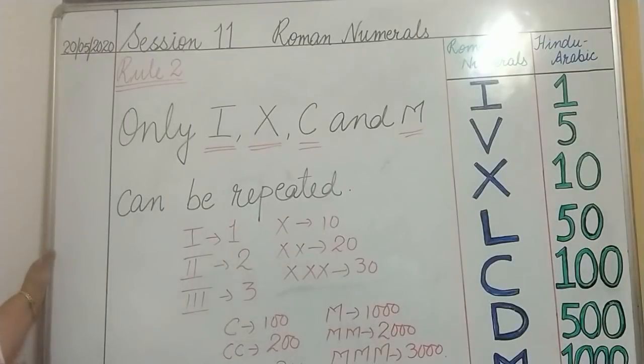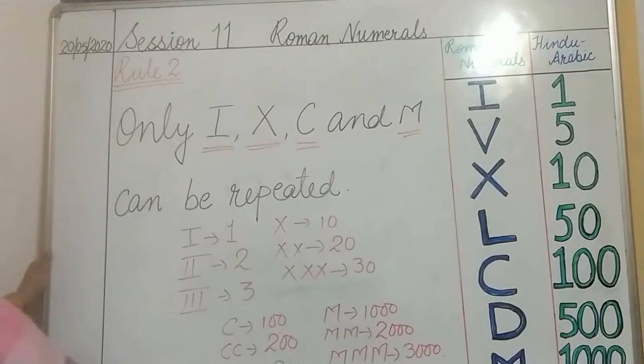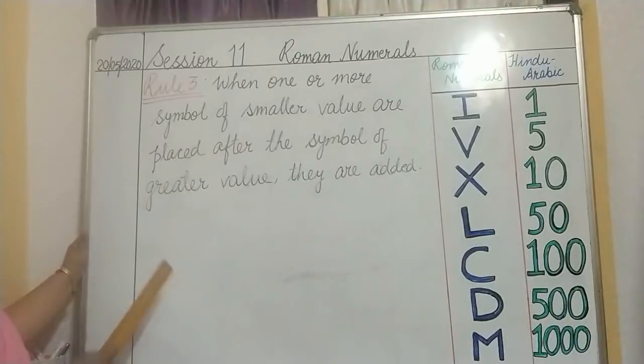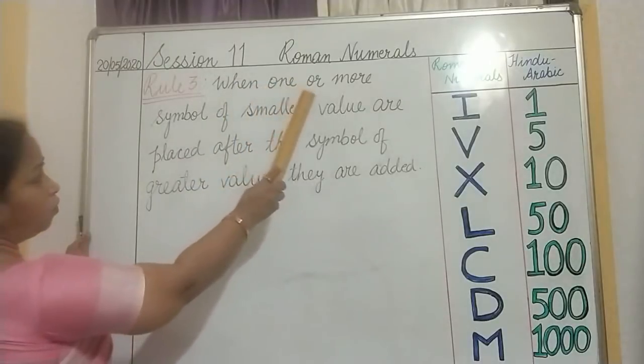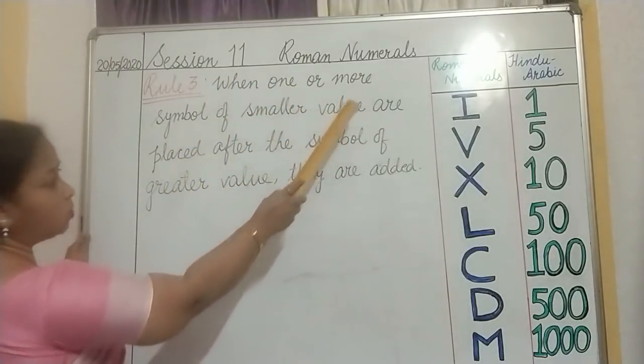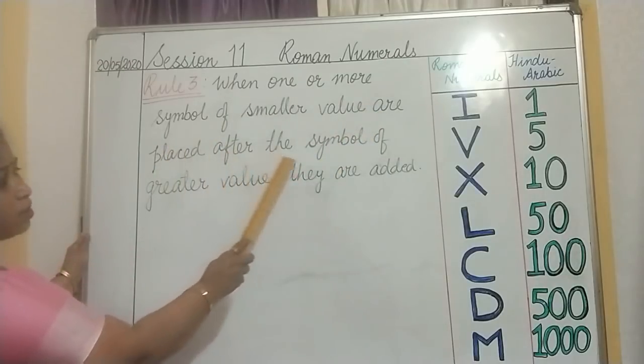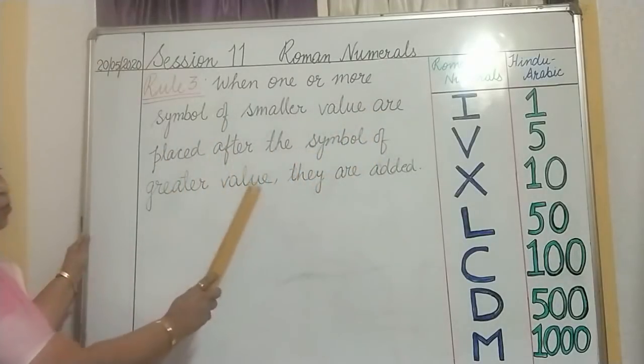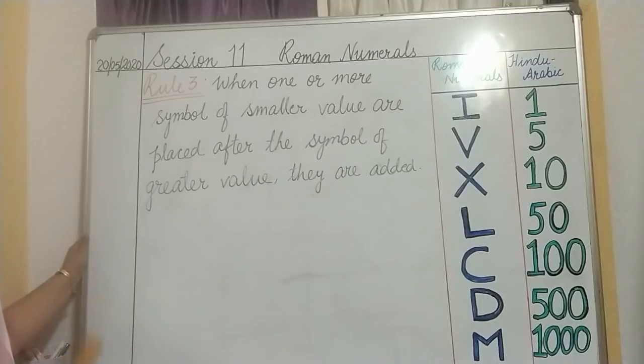Let us see what rule number 3 is. Rule 3 says when one or more symbols of smaller value are placed after the symbol of greater value, they are added. Now, what does this mean? Smaller value, greater value, how will you know?